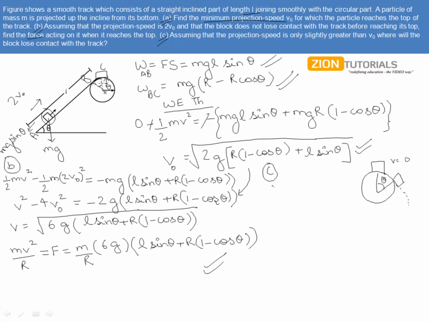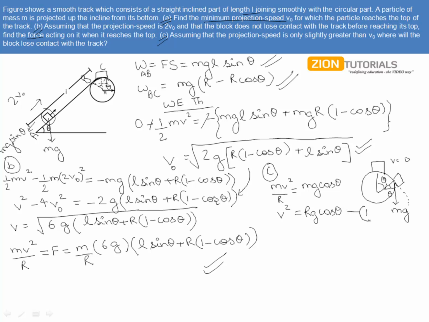So we can write that the centripetal force mv square by r at that point will be mg cos theta. Why is that? Because mg will be downwards, so this will be theta because of alternate interior angles, and so the component of mg along the center will be mg cos theta, which will provide the required centripetal force, giving us v square equal to rg cos theta.